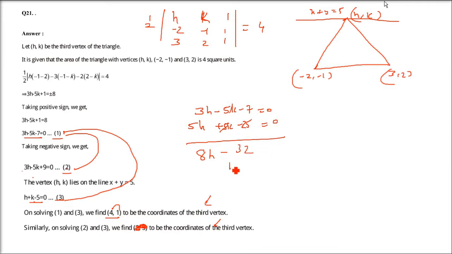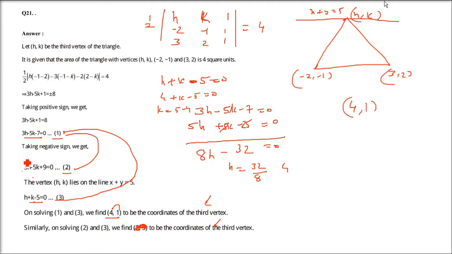So you get h as 32 by 8. 8 4s are 32. You get h as 4. And then you take k. So put it in h plus k minus 5 equals 0. So h is 4, k minus 5. So k equals 5 minus 4, that is 1. So this is 4, 1.